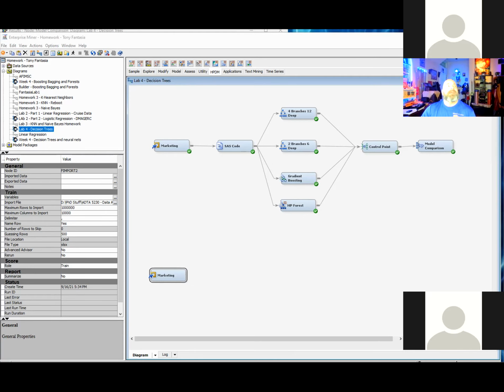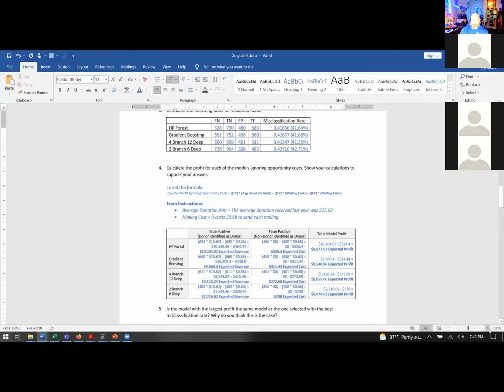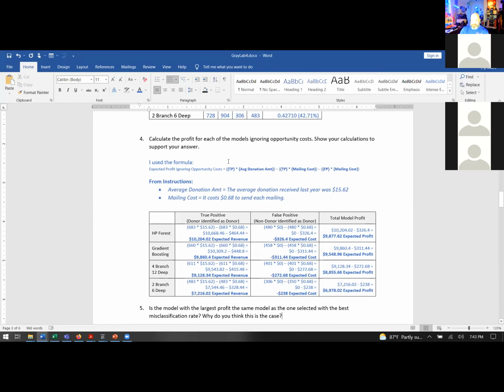I guess. Let me maximize that. Go back to this. I got so much stuff open. All right. I'm not sure if I did it right, but this is kind of where my thought logic was, using this formula of true positive.